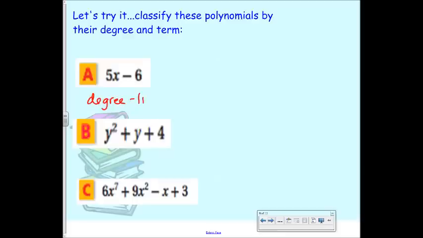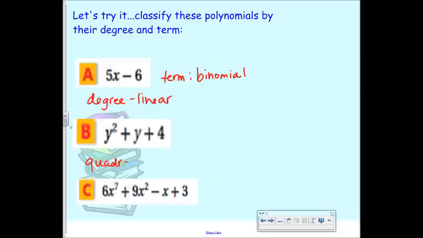All right, what about this second one? What about B? Quadratic. Because it goes to the degree of 2. And then how many terms does it have? 3. So it's a quadratic trinomial.